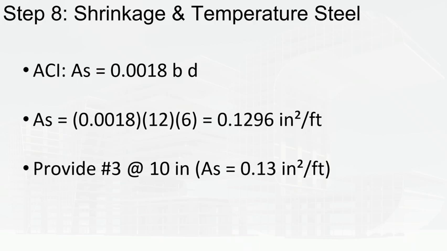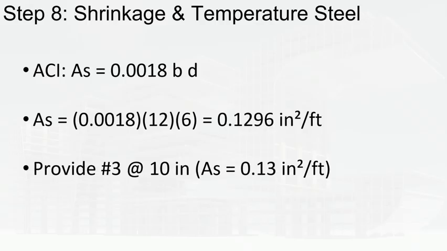Now coming toward the shrinkage and temperature steel, which are the bars perpendicular to your main steel bars. It's simple. The ACI gives us a simple formula for the minimum area of steel, 0.0018 b h. So the area required is 0.1296.